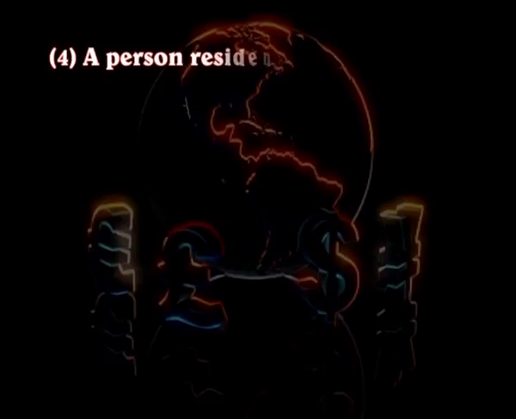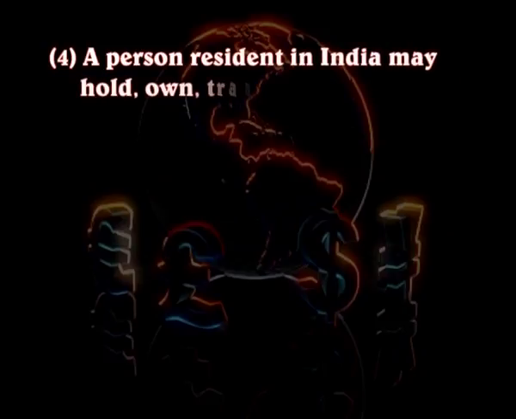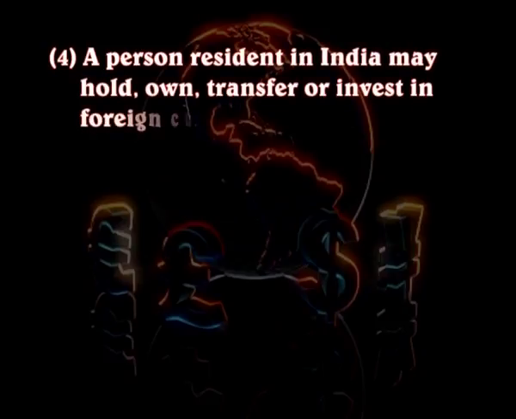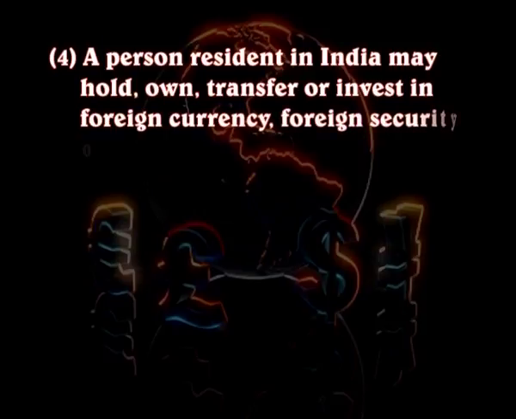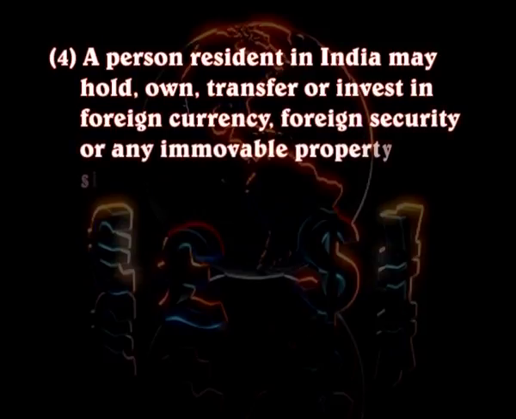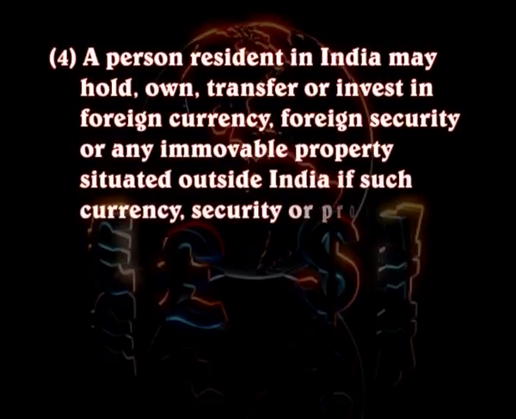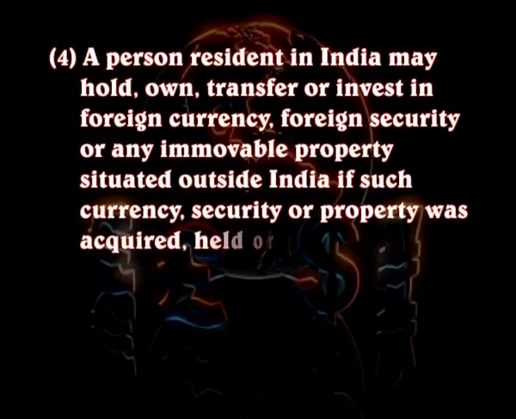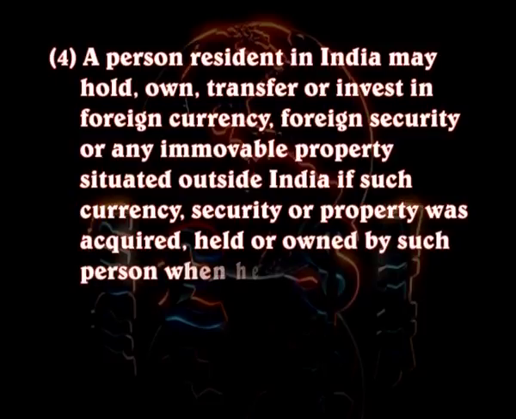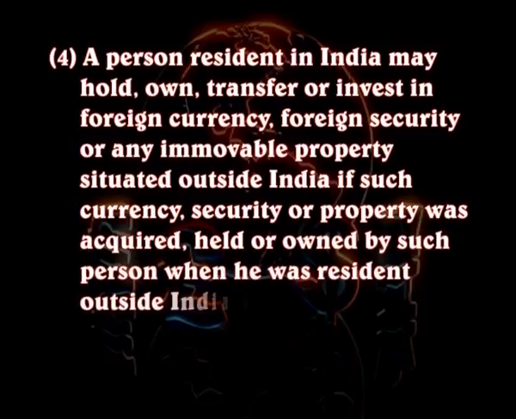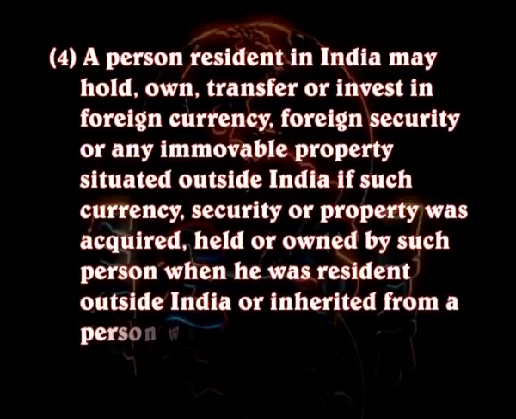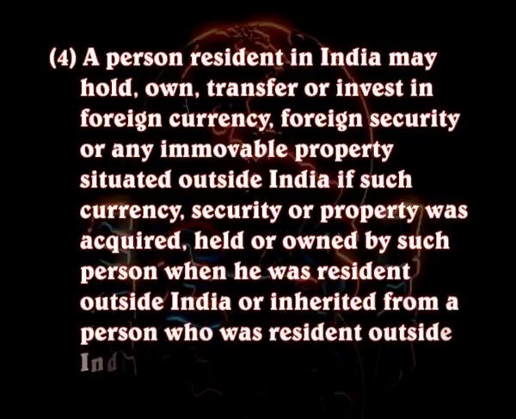4. A person resident in India may hold, own, transfer or invest in foreign currency, foreign security or any immovable property situated outside India if such currency, security or property was acquired, held or owned by such person when he was resident outside India or inherited from a person who was resident outside India. 5.